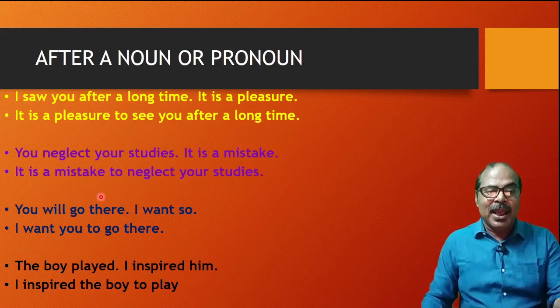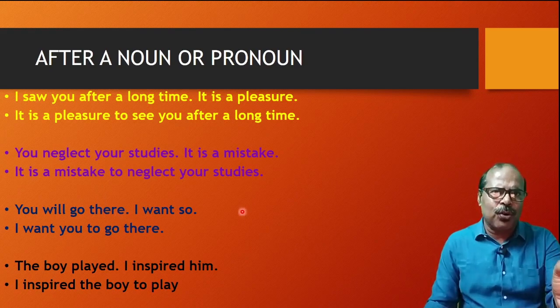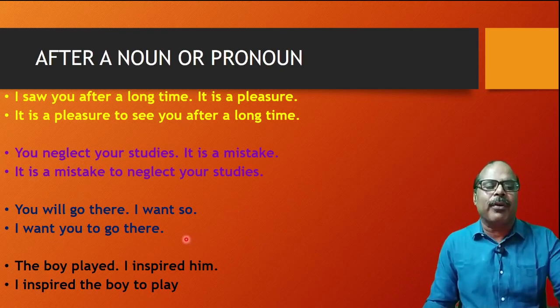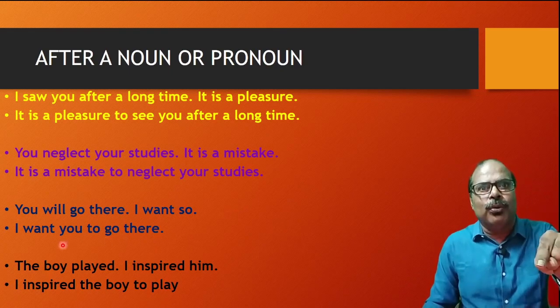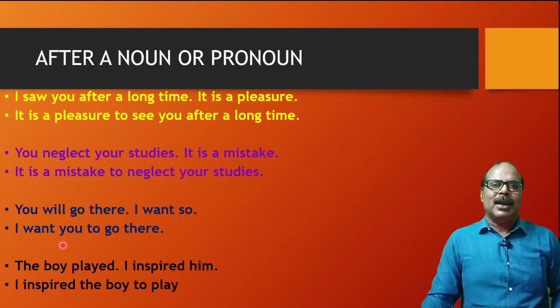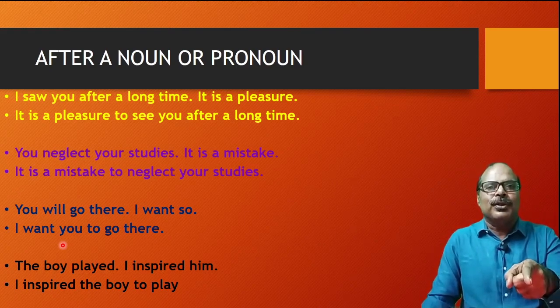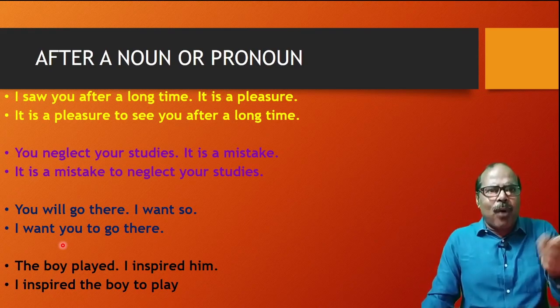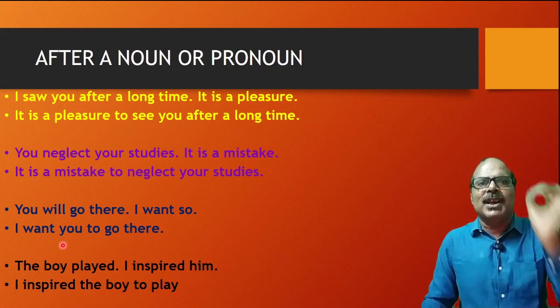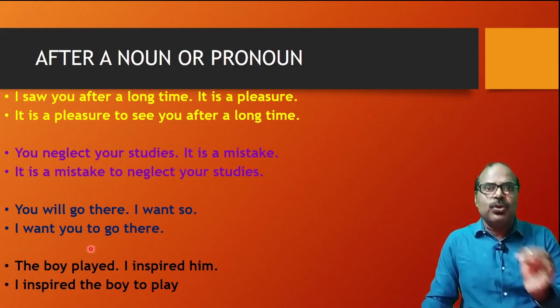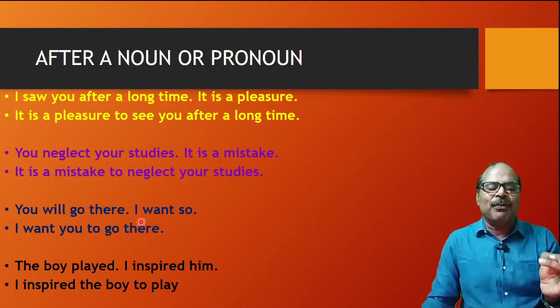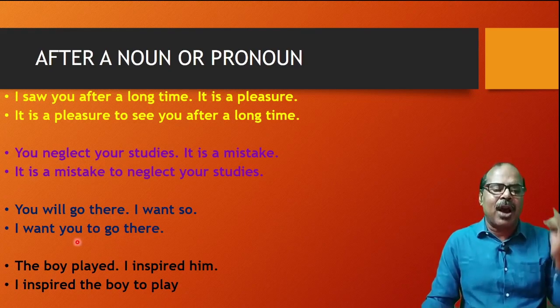But here, you will go there, I want so. And I can join it in the following way: I want you to go there. I want you to do this. I want you to perform this. So here infinitive is used after the pronoun.